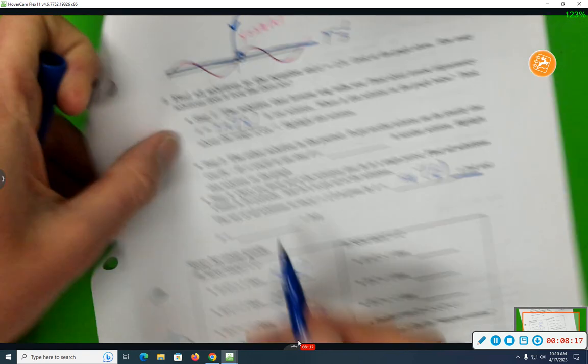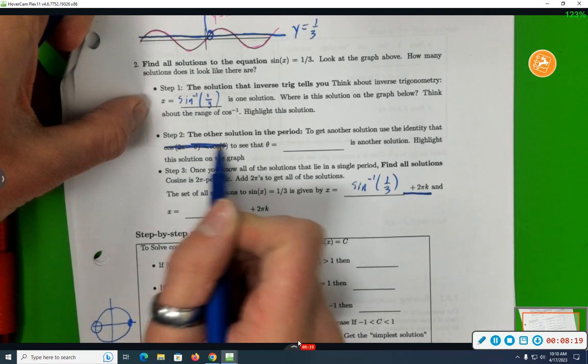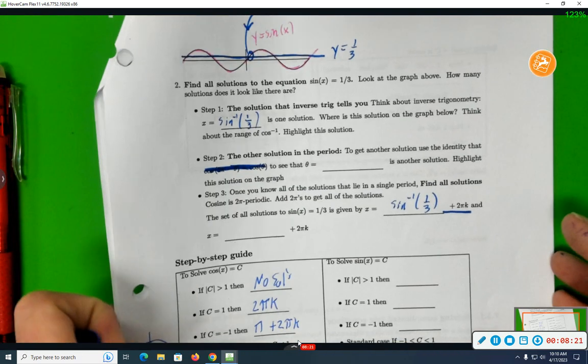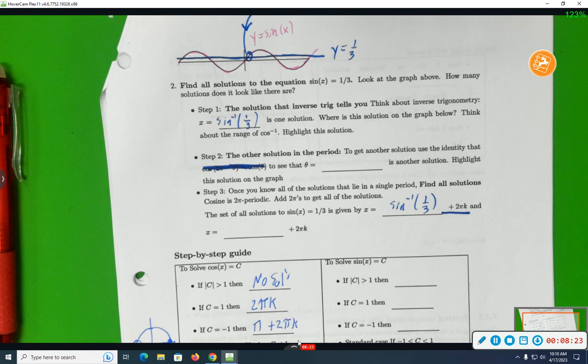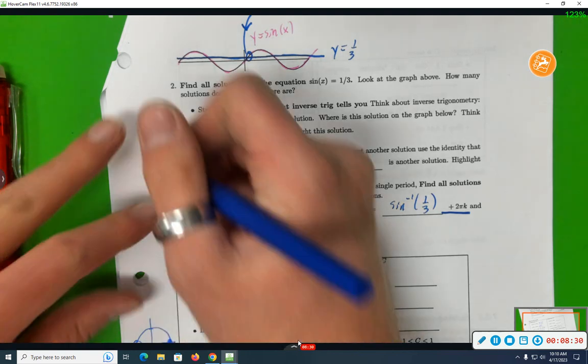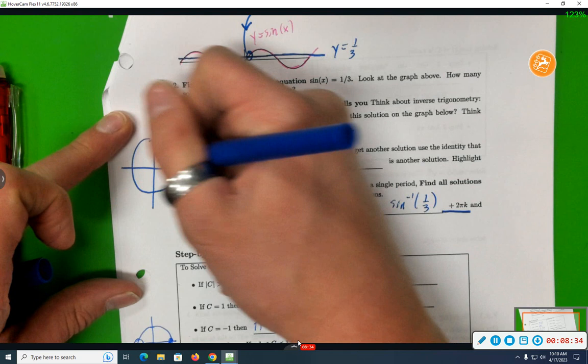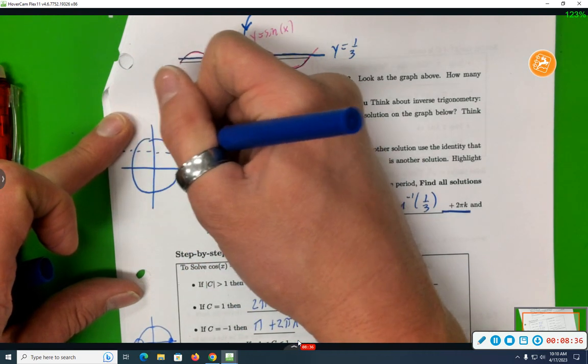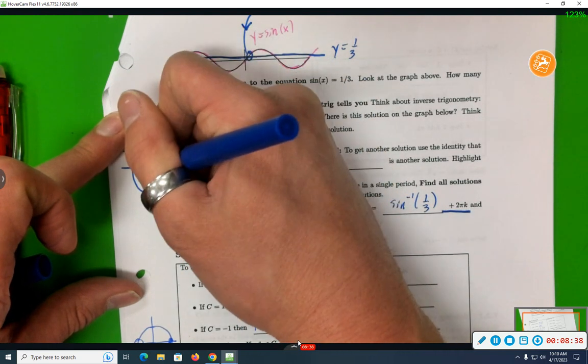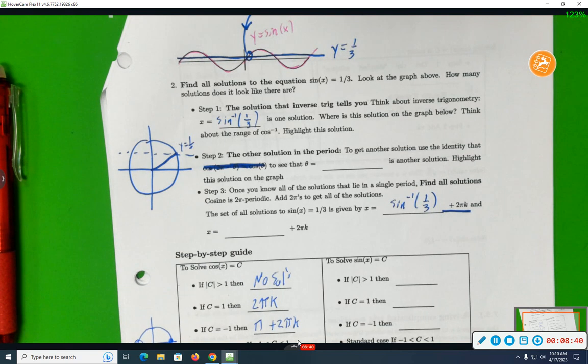To get the other solution, this is wrong and a typo. I'm going to cross that out and I will replace that in a moment. Let's try to remember what identity we even need to use. So the solution that we just found, let's draw it on the unit circle. There's y equals 1 over 3. There's the angle that we found.